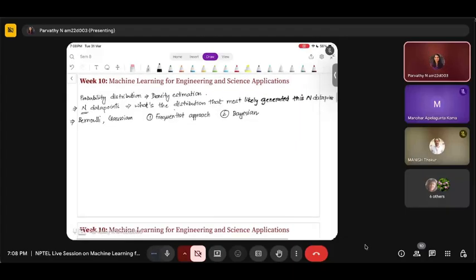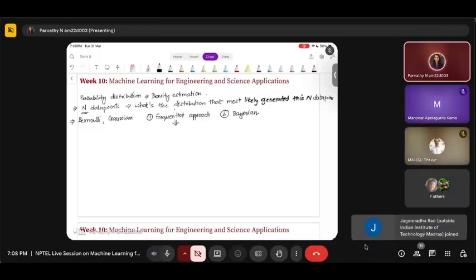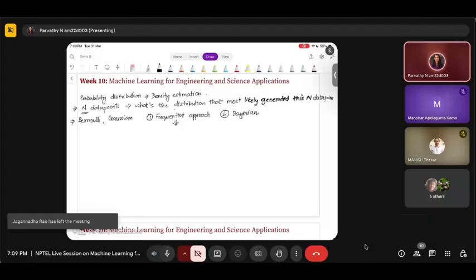So we have an optimization function that we want to maximize or minimize, and then we estimate these parameters. That is what is done in the frequentist approach, where we find the parameter value that maximizes certain things. For example, here it maximizes, as mentioned in the video, the likelihood, which is the probability of generating these data points given certain parameters. So this is one way of finding the density estimation, by the frequentist approach.